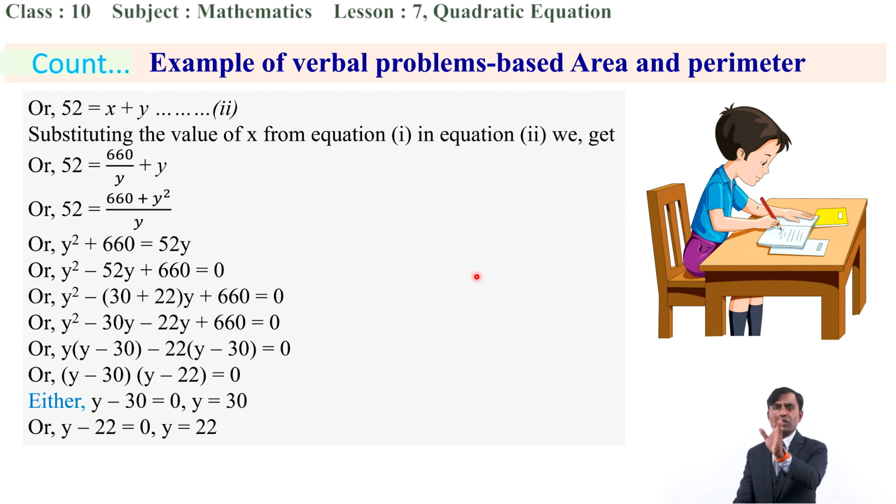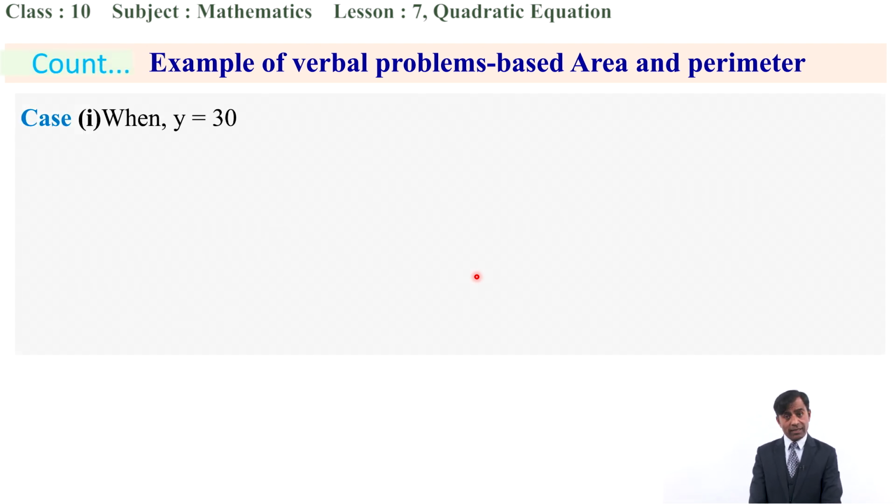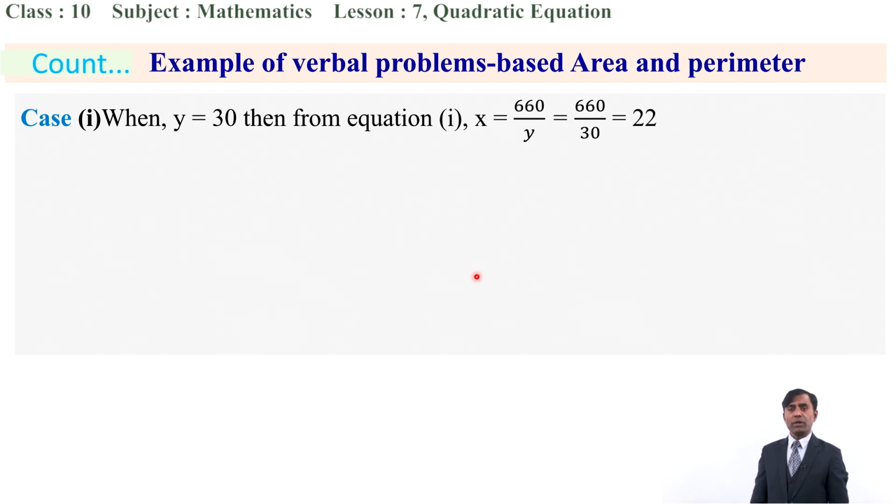Case first, when y is equal to 30, what is the value of x? When y is equal to 22, what is the value of x? Why are we not rejecting either here? Both are acceptable. Yes, the breadth may be 30 or 22, both possible. When y is equal to 30, from equation 1 the value of x is 22.